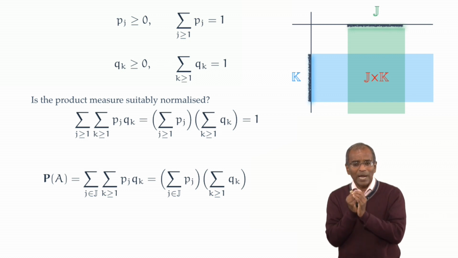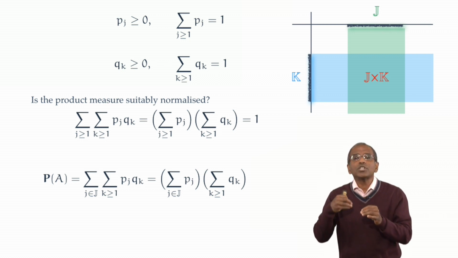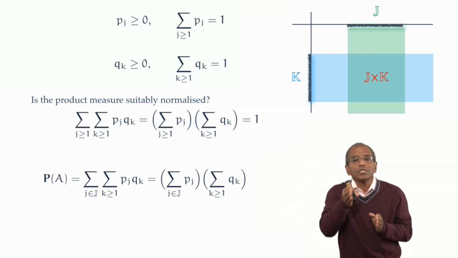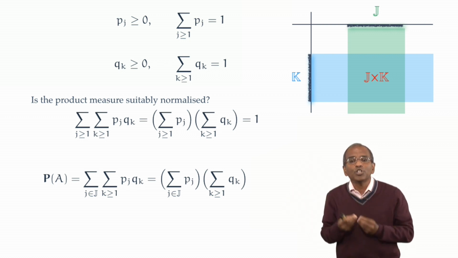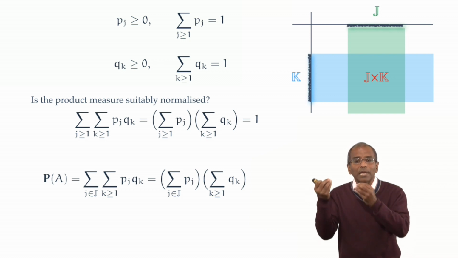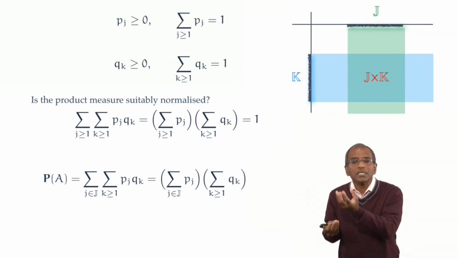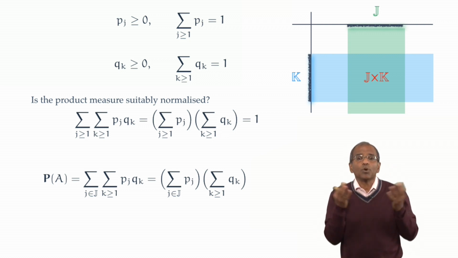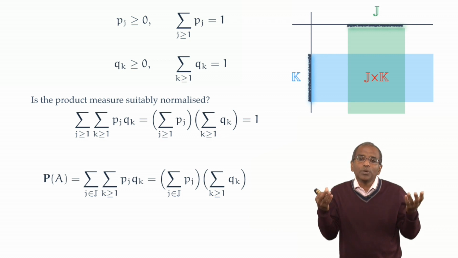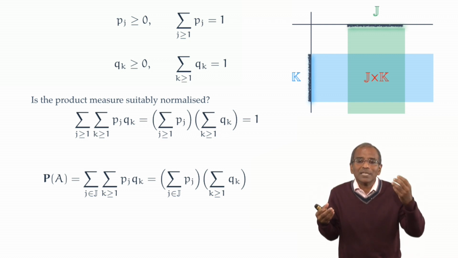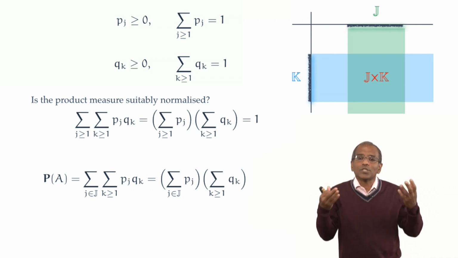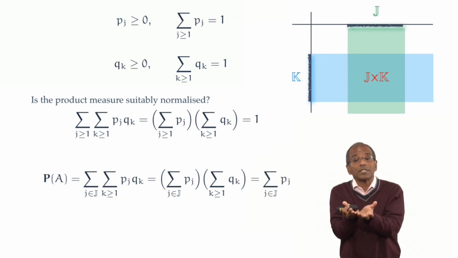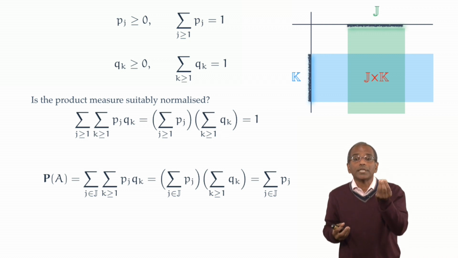Your first term, the round brackets, is a sum over a restricted range for the index j, over the identified locations for the first trial, over blackboard J. Sum over indices in blackboard J of the probabilities pj. The second term in round brackets just sums over all possibilities for q. But the qk's are properly normalized. They add to 1. The second term vanishes quietly like the snows of yesteryear, leaving you simply a sum over a restricted range of indices, blackboard J, of the probabilities pj.